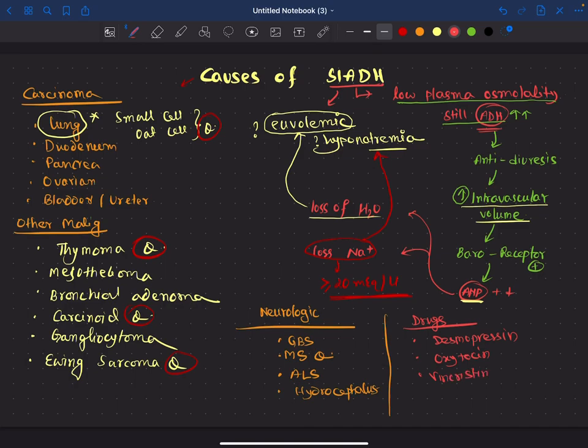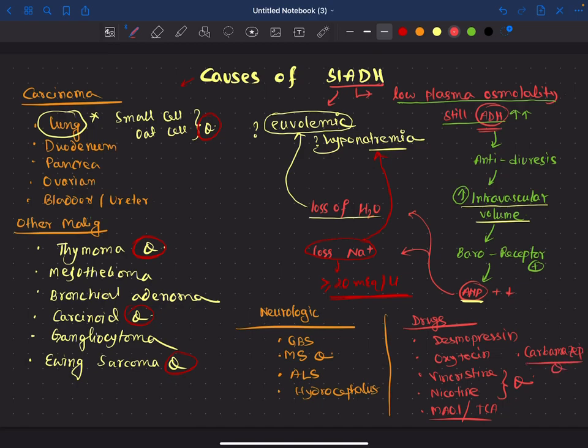Next is nicotine. And you have monoamine oxidase inhibitors, or you have TCAs. These are also there. You can also remember carbamazepine. This is the question.